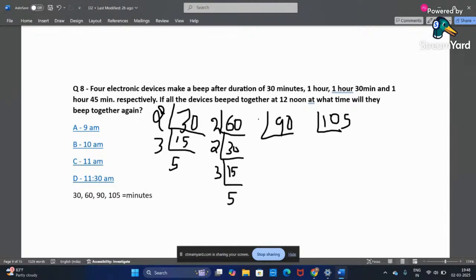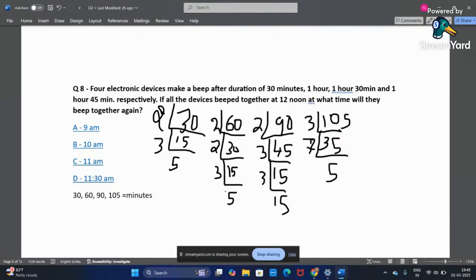Same way, 2 45s are 90, 3 15s are 45, and 3 5s are 15. For 105, 3 35s are 105, then 5 7s are 35. These are the factors we are getting, right?